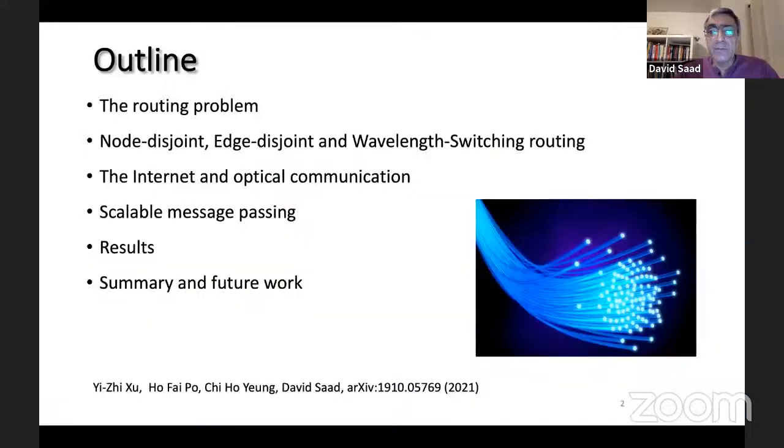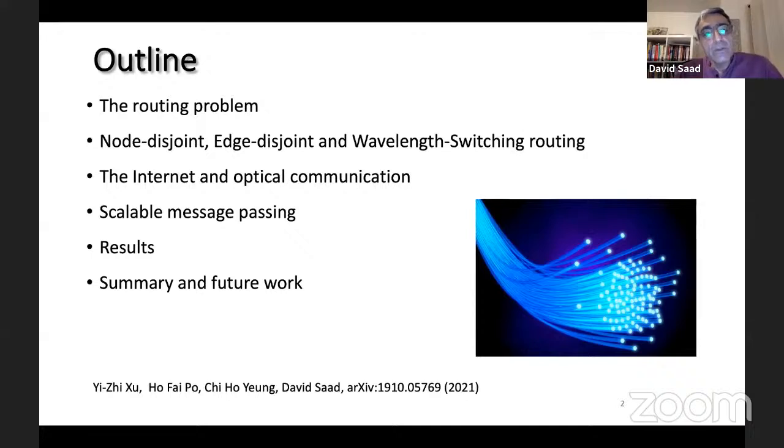So a brief outline of my talk. I'm going to introduce very broadly the routing problem. I'm going to talk about three different variants of the routing problem called node disjoint, edge disjoint, and wavelength switching routing. I'll explain the specific problems of optical communication, which carries something like 90% of the internet traffic.